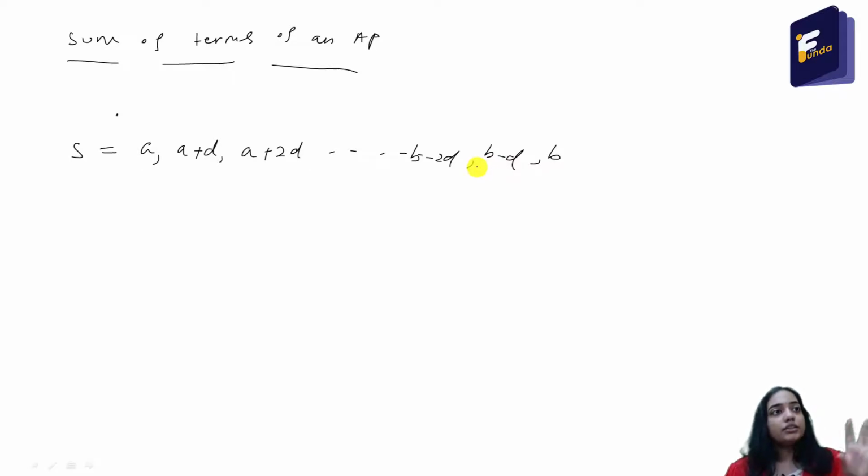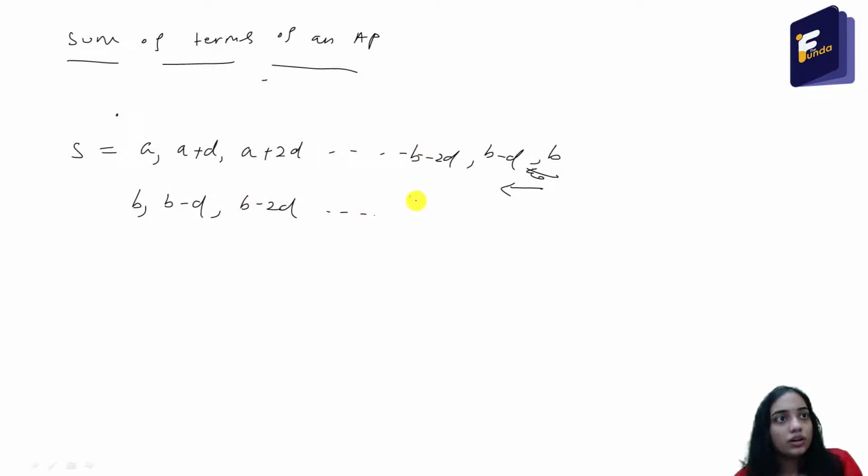Now we have to find the sum of all these numbers. One interesting thing I'm going to do is write this AP in the reverse order. First I will write B, then B minus D, third term B minus 2D, and similarly we will go on.